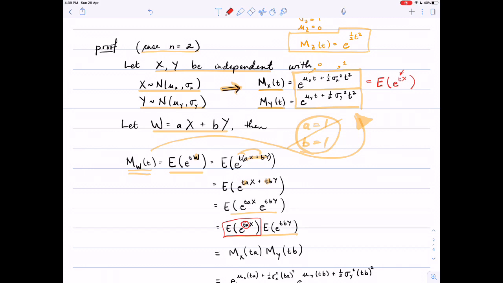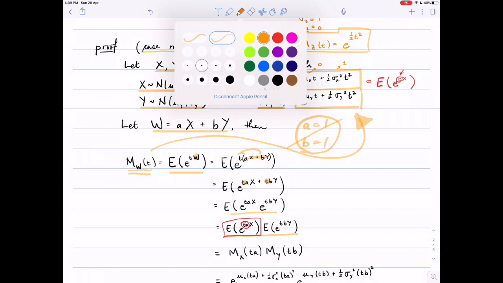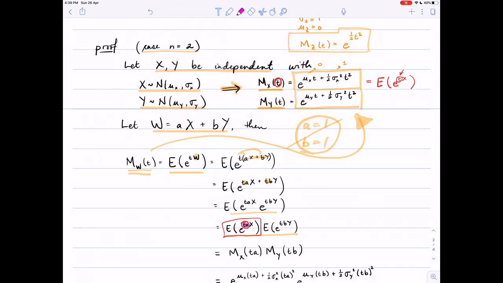Well, that's not really all that much of a problem if t is here and t is here, and what I want is ta. Well, then I'll just replace this t by ta, won't I? So I will say that M sub X of ta is, plugging in ta in the place of t, the expected value of e to the ta times X, which is what we have.